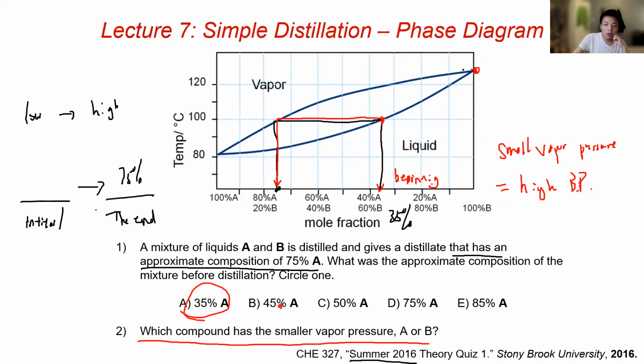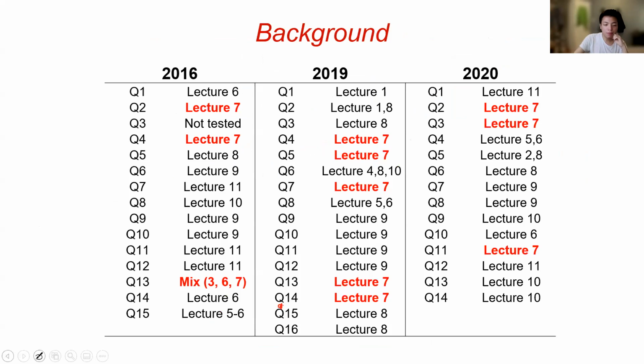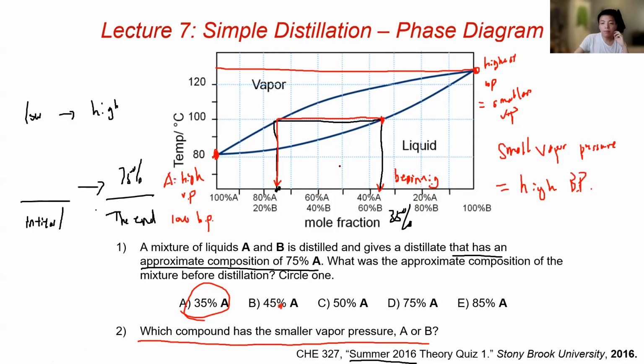B has the highest boiling point, which corresponds to small vapor pressure. Compound A has the highest vapor pressure, and therefore it has a low boiling point. That's the trend here. Okay, and any questions?